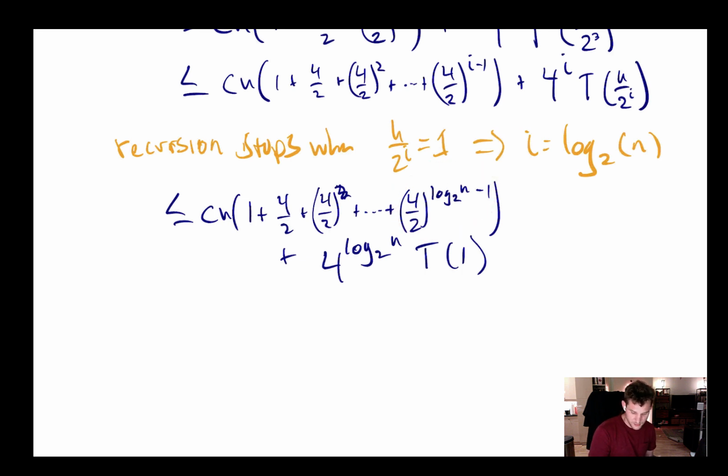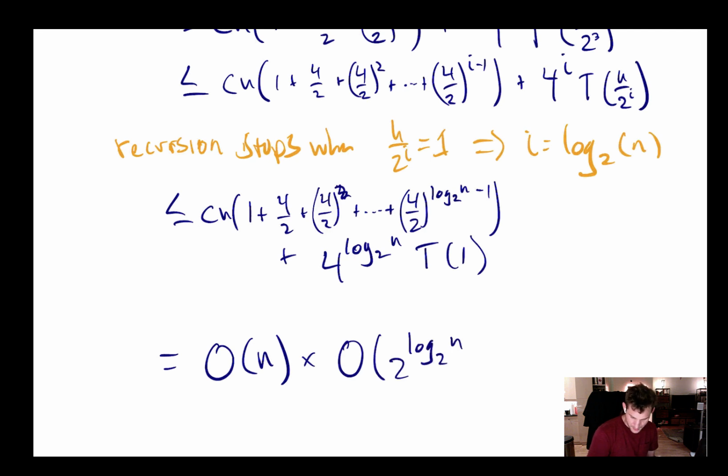So what we have here is O of n, that's this term right here, c times n is O of n, times, again the last term dominates, so it's O of 2 to the log base 2 n. I'm going to get rid of this minus 1 because it doesn't matter. It just adds a multiplicative constant on the outside.